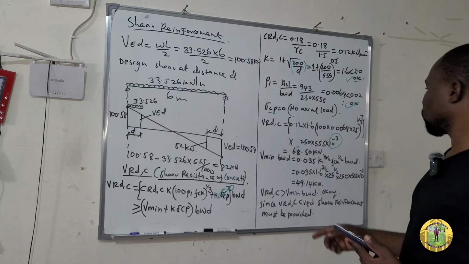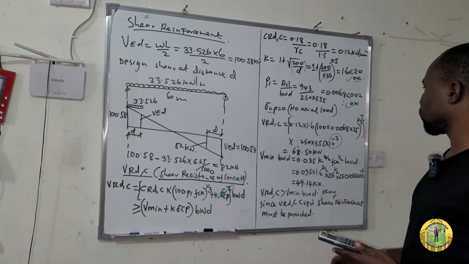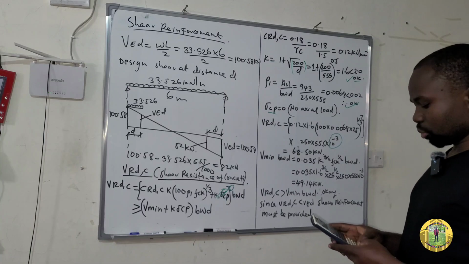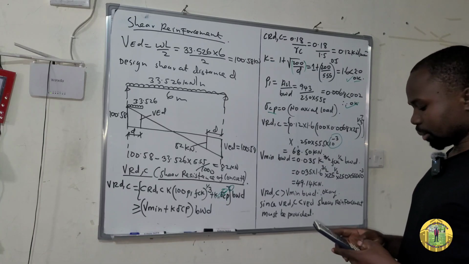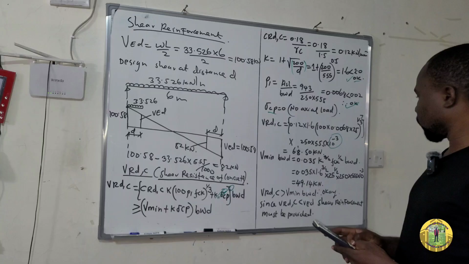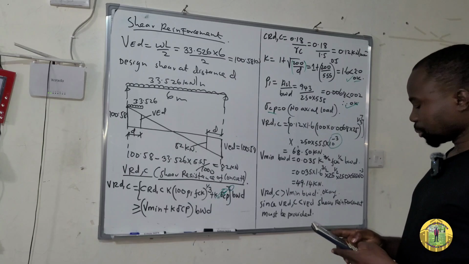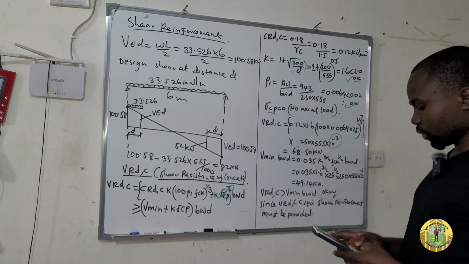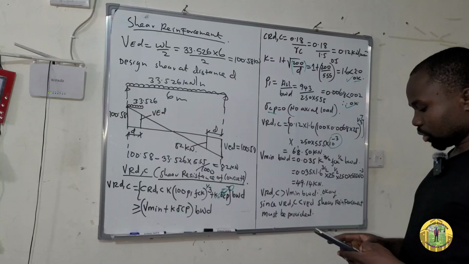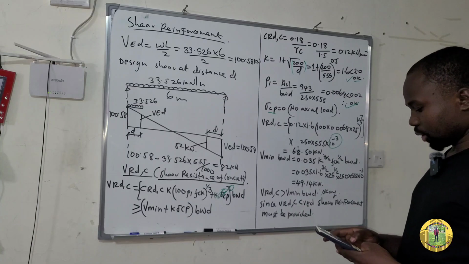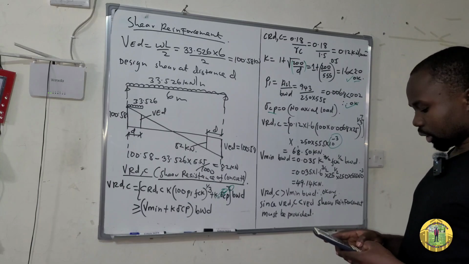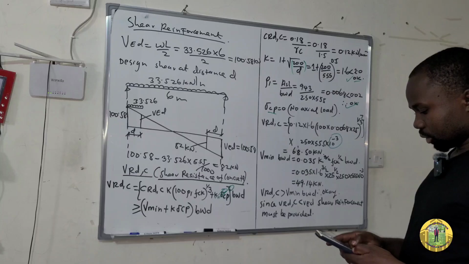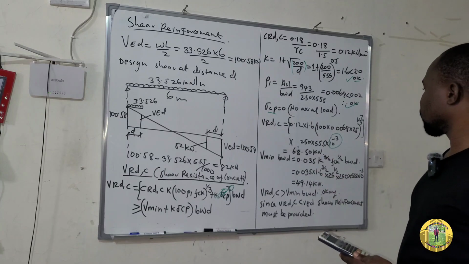If you carry out the operation, you'll get 68.50. So let's check: 0.12 times 1.6 times 100 times 0.0068 times 25, raised to power a third. Yes, you get 68.50 kilonewton.